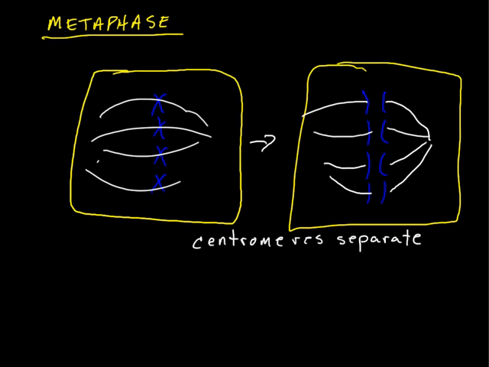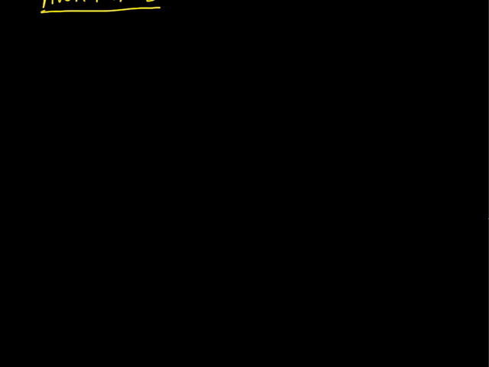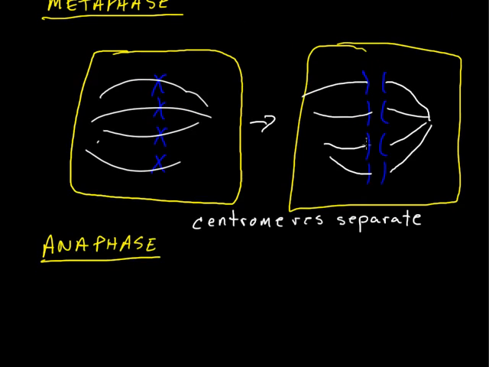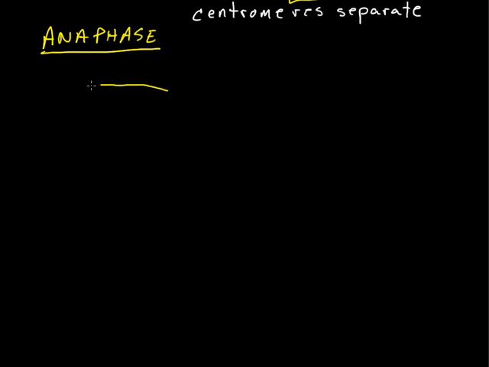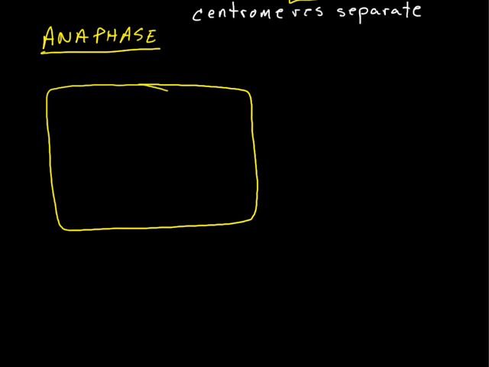So next on the list is anaphase, and ana means opposite, and that describes what happens next. These halves of chromosomes, or these sister chromatids, get moved to the opposite ends of the cell, ana meaning opposite.